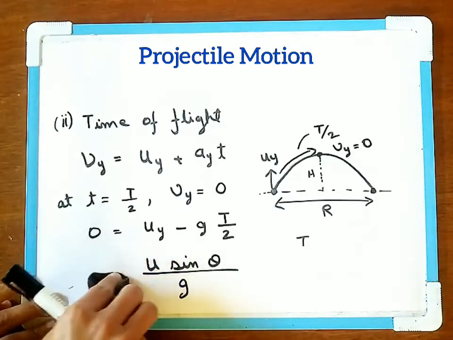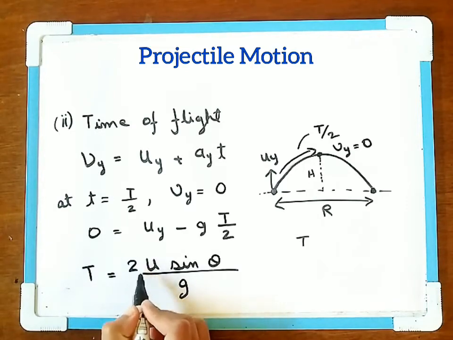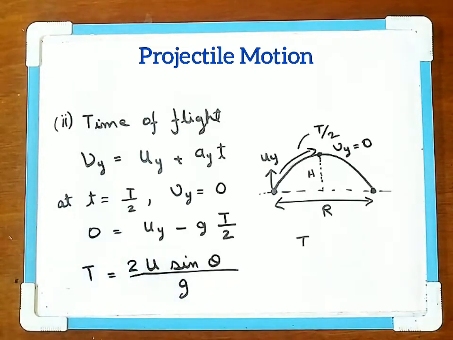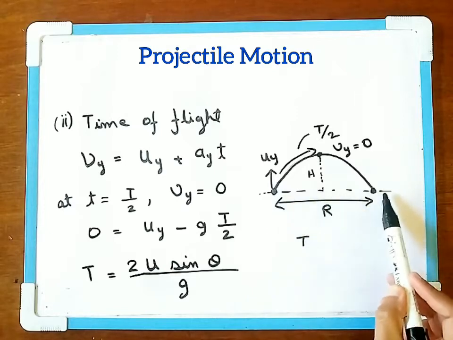So here we have T equal to 2u sine theta divided by g. So this is the expression for the time of flight, the time taken to travel the distance r.